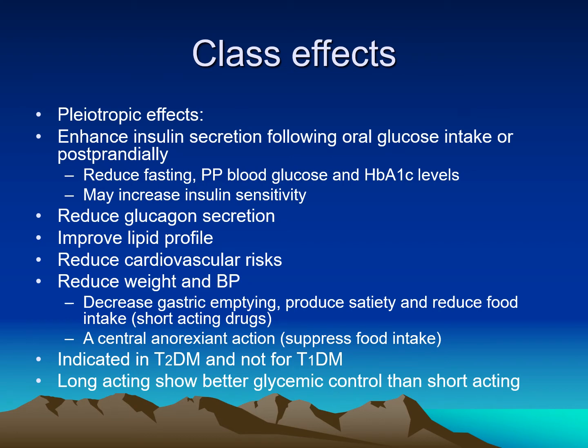The most important effect is they enhance insulin secretion following oral glucose intake, that means after meals. They reduce fasting and PP sugar, and importantly hemoglobin A1C levels, and may also increase insulin sensitivity. Therefore, the endogenously secreted insulin may have better peripheral actions.